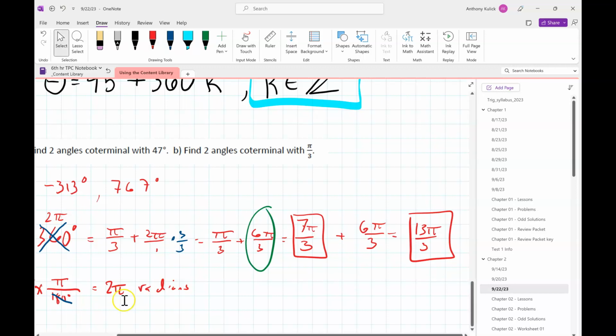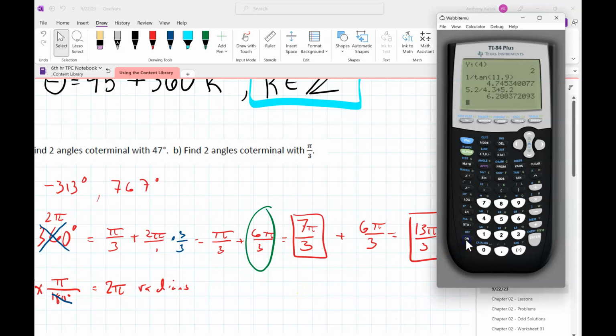Reminder again, if you try to do this on your calculator, it's not going to be able to give you a fraction. If I try to do pi over 3 plus 2 pi, and I tell my calculator, give it to me as a fraction, it doesn't do it. Why? The pi's in there. That's an irrational number. It won't be able to do that. But if I just leave off the pi's, and I just write 1/3 plus 2, math frac, it can do that, and I can just add the pi back in myself at the end.